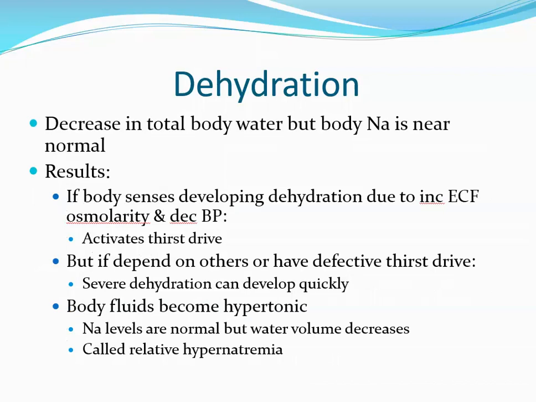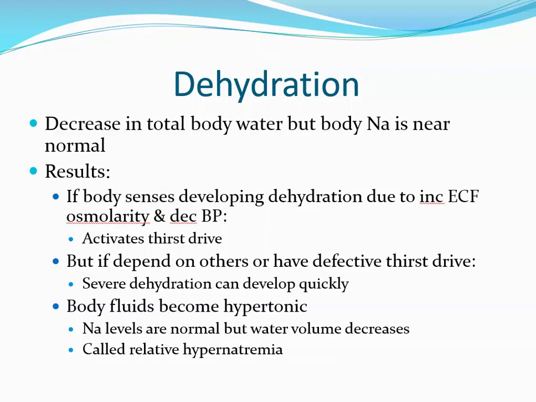The net result, if the body senses it is developing dehydration due either to an increase in ECF osmolarity or a decrease in blood pressure, first it will activate the thirst drive. But if the person is dependent on others, or if they have a defective thirst drive, severe dehydration can develop rather quickly.